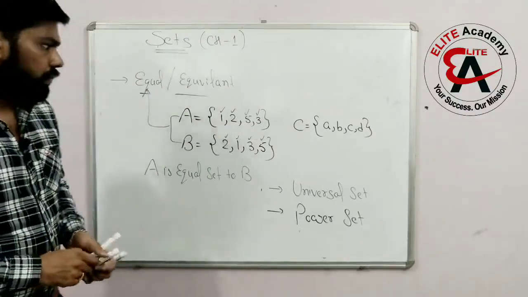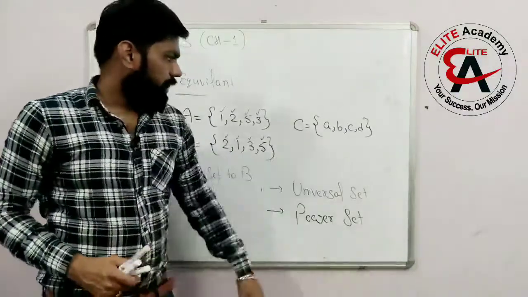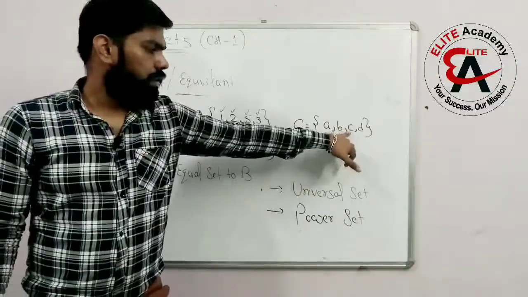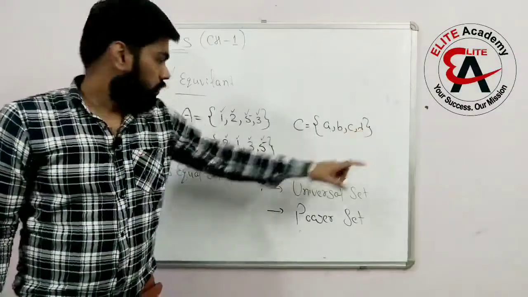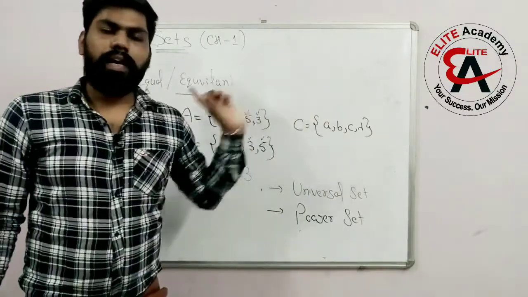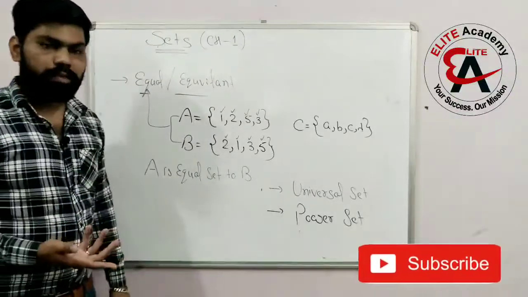But if like I'm saying C set, how many elements are there? 1, 2, 3 and 4. Now also in A and C number of elements are same. But अगर मैं elements देखूँ तो obviously they are not same.